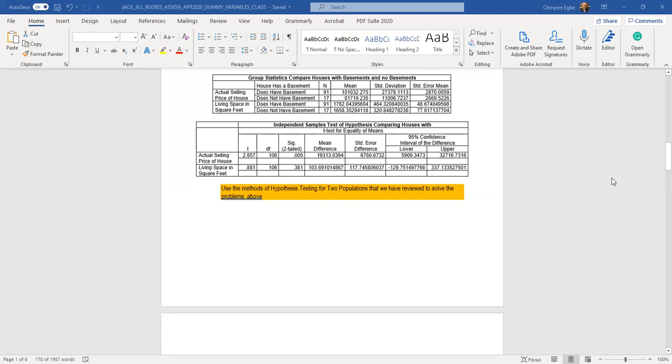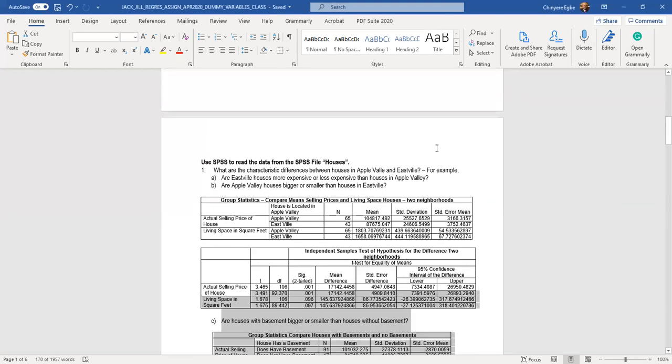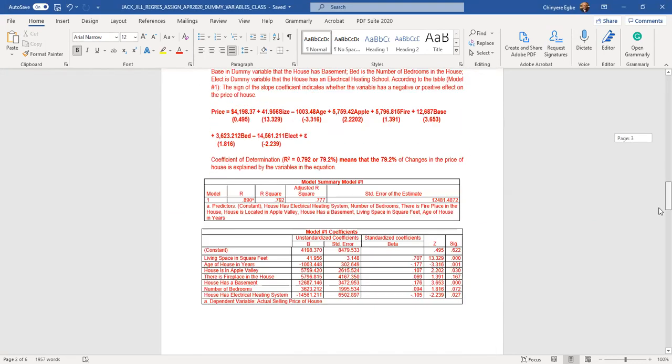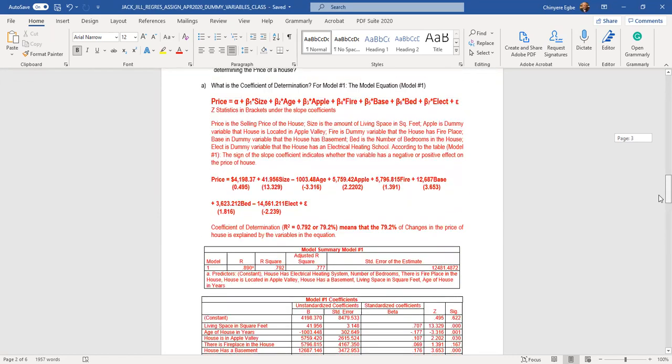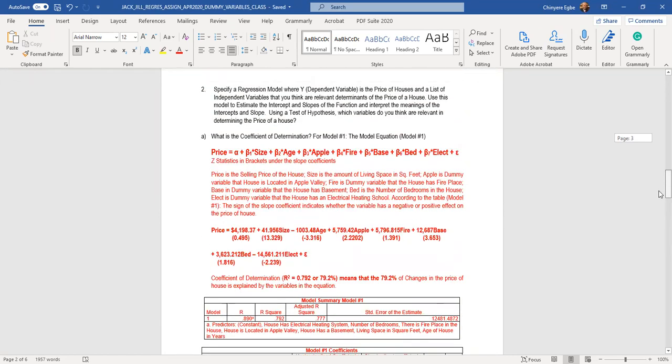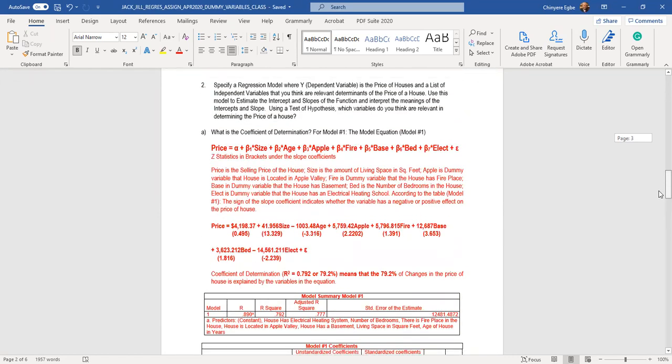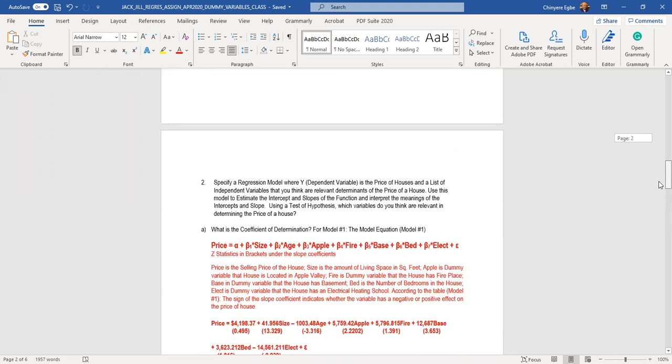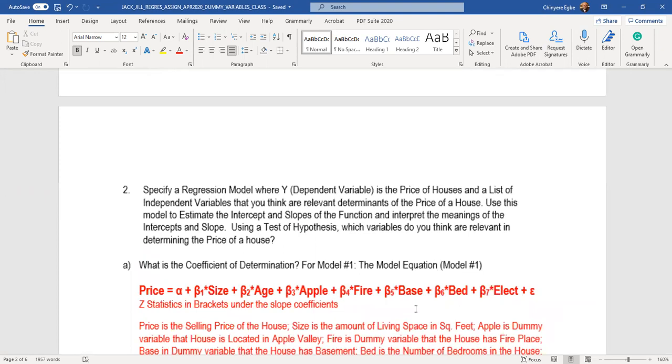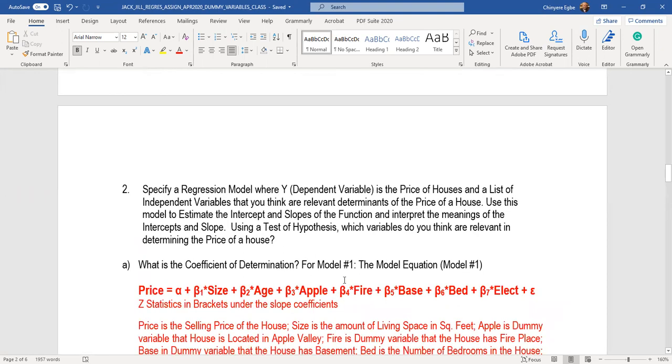All right. So this is the screen, and it shows the questions. And as you can see, we have model number 1. Do you see the models? You see what is the coefficient of determination for model number 1?